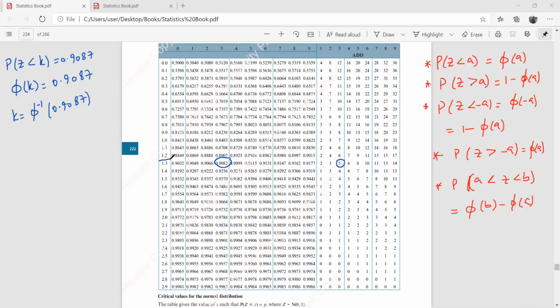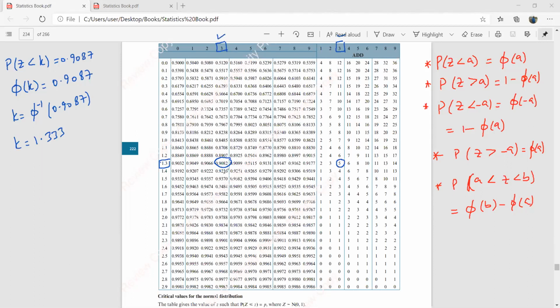So I'll pick this 1.3 from here, then this 3 from here, and then this 3 from here. So this K is going to be 1.333.